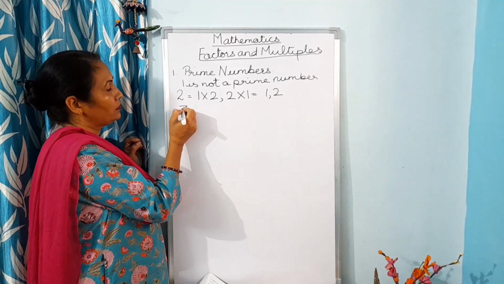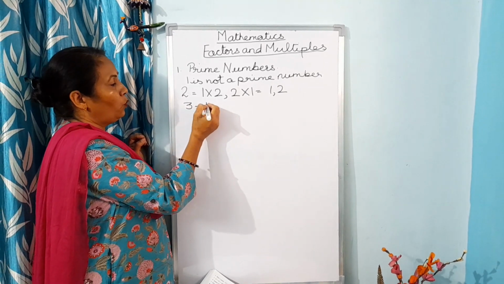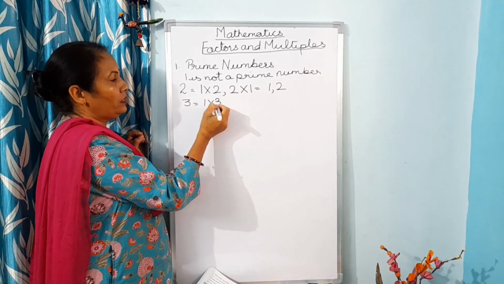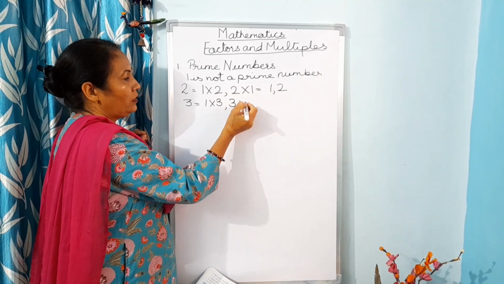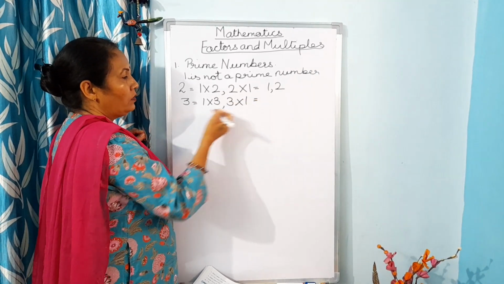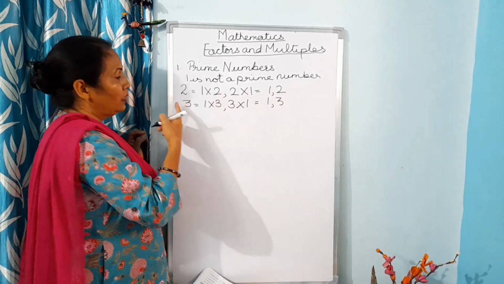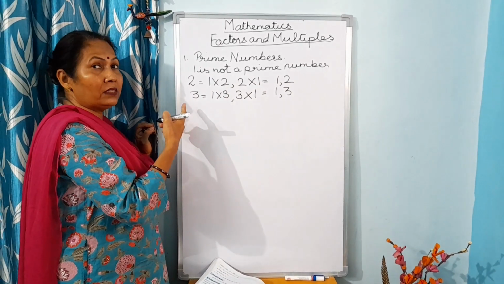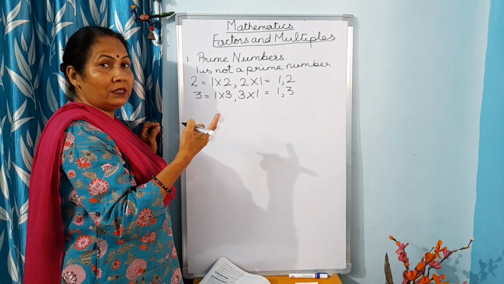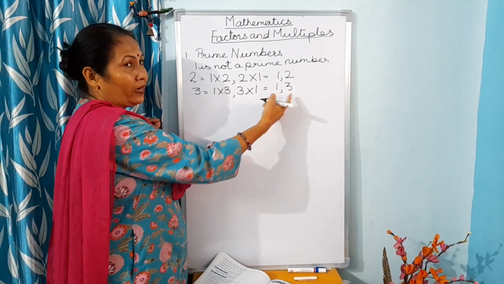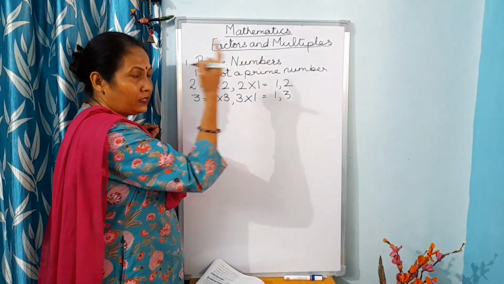Next is 3. See, 1 into 3, 3 into 1. Now again you have 1 and 3, means these two numbers, the prime numbers, have only two factors, 1 and the number itself.